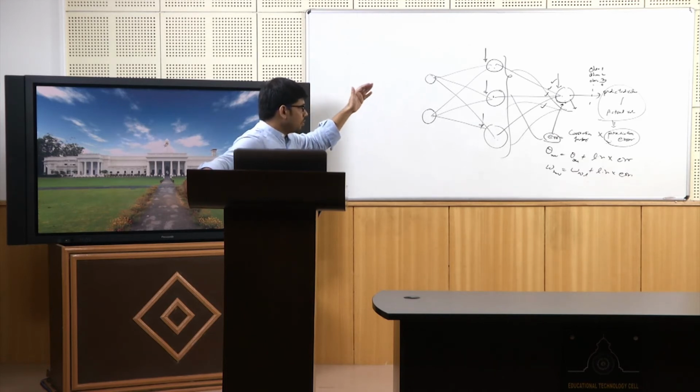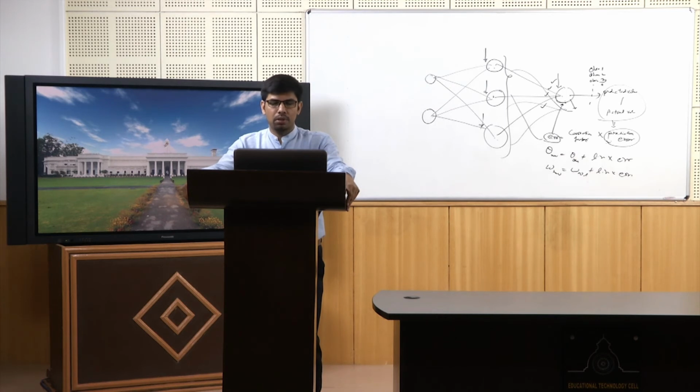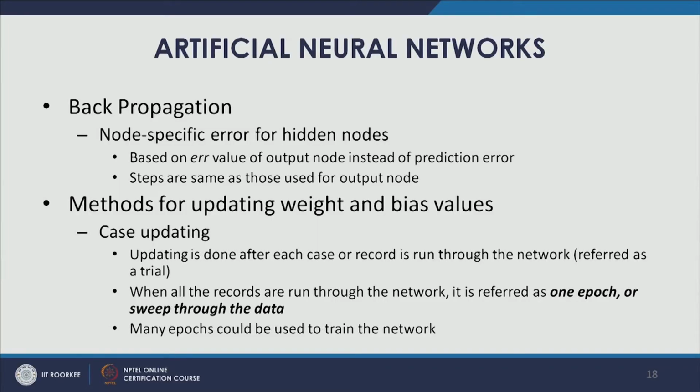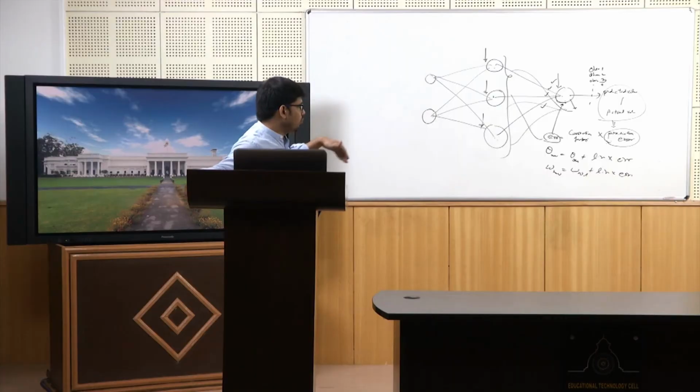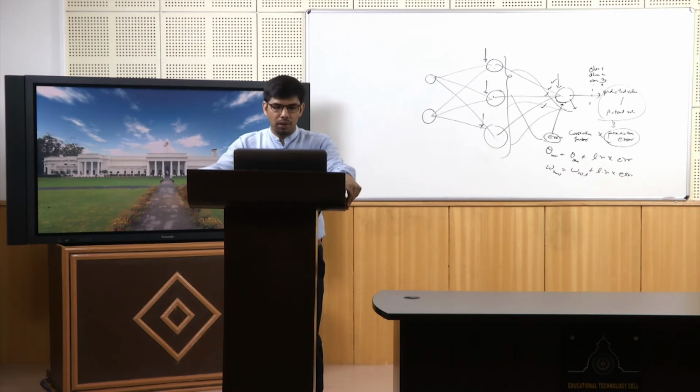After each observation, the bias and weight values are updated, and this happens for all the observations in the data set. When all the records are run through the network, it is referred to as one epoch or a sweep through the data. If we are using the training partition, then it is one sweep through the training partition data.